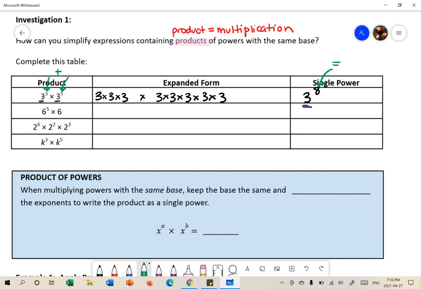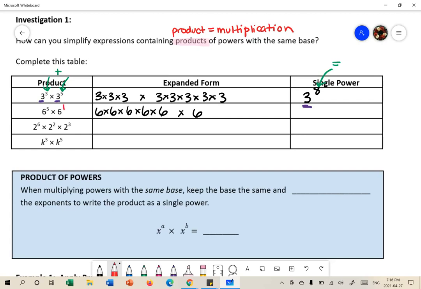Let's practice again with example 2. 6 raised to 5 is 6 times itself 5 times. And then we're going to multiply that by 6 times itself once. There is an invisible exponent 1 here. When you see a value without an exponent, there is an invisible exponent of 1.